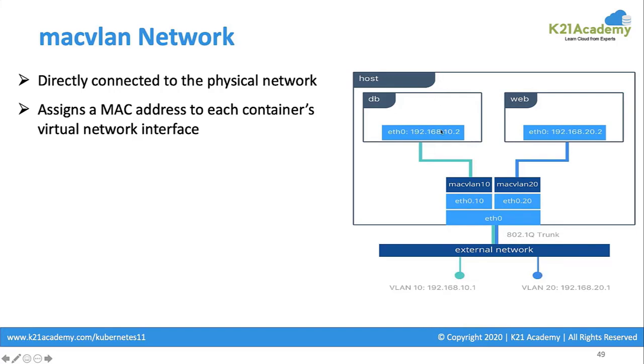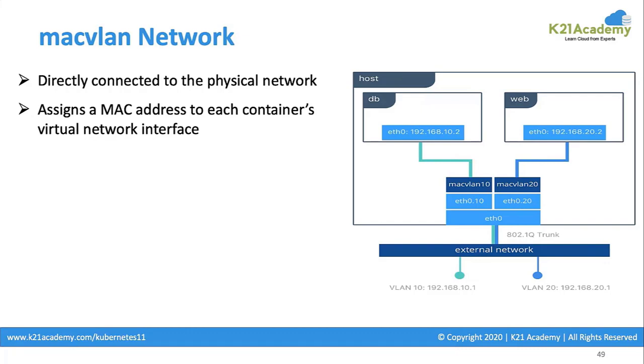And if I want to create a DB container on one of the VLANs, the IP address is 192.168.10.2, which comes from this IP address range, and web has got its IP address from the blue VLAN's IP address range. So instead of having the basic networking, if we are taking the MacVLAN type of networking, we assign a MAC address to each container's virtual interface.